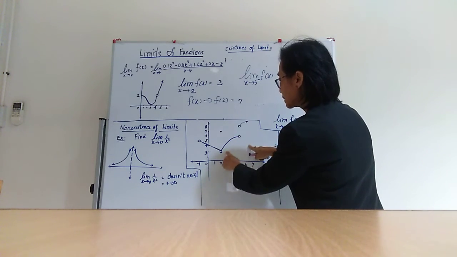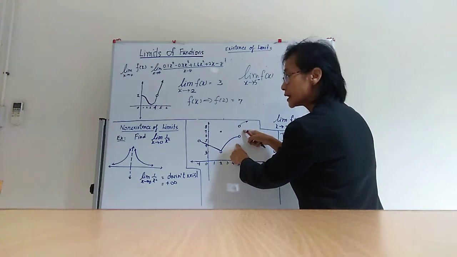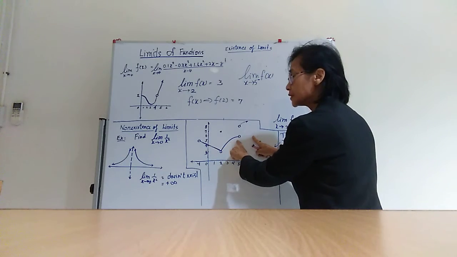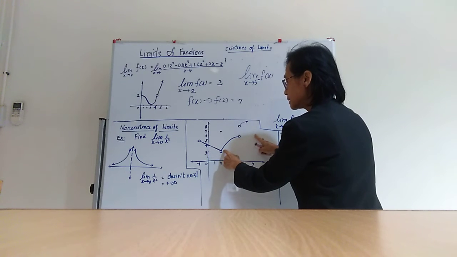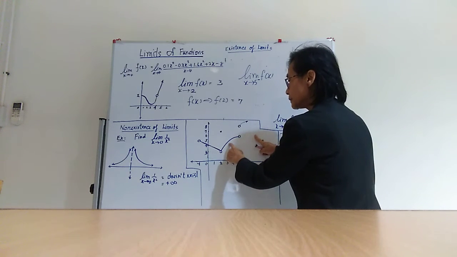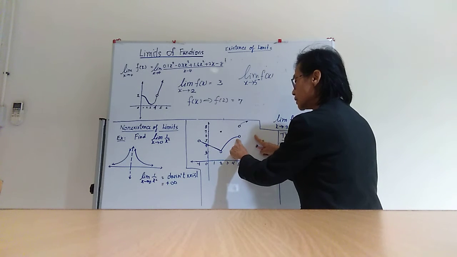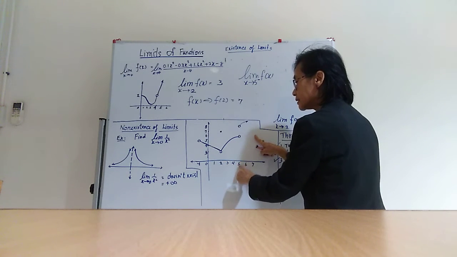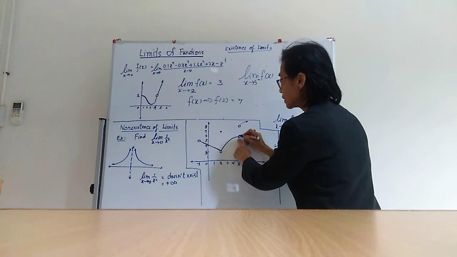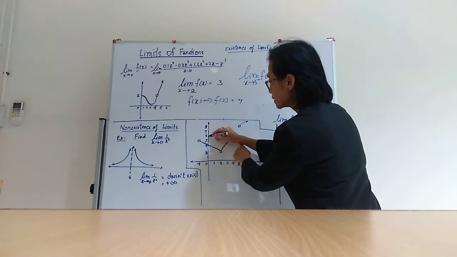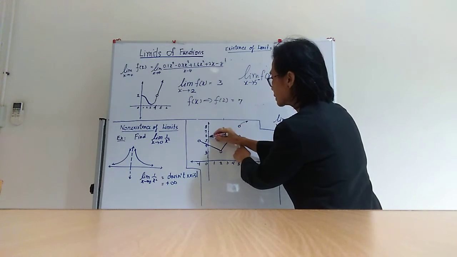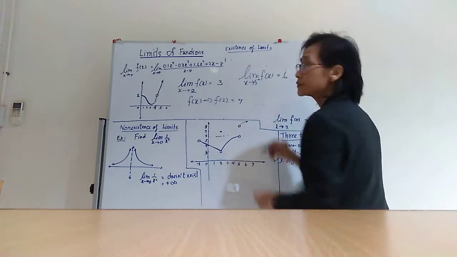We have a graph from the left, right? And this from the right. So we answer here from the left. It's a left-hand limit. So x approaches closer to 5, and at this point, you answer here. So this is equal to 6.